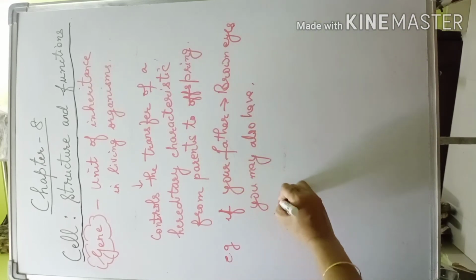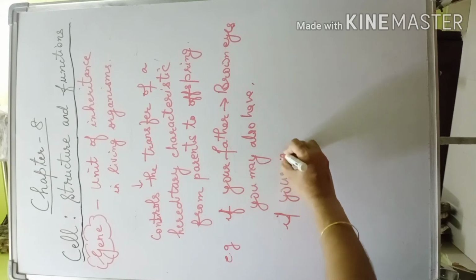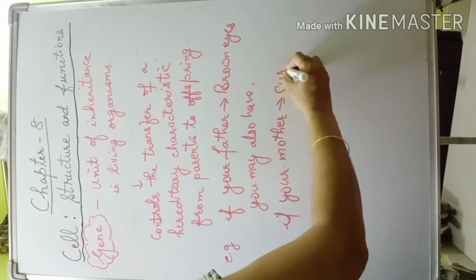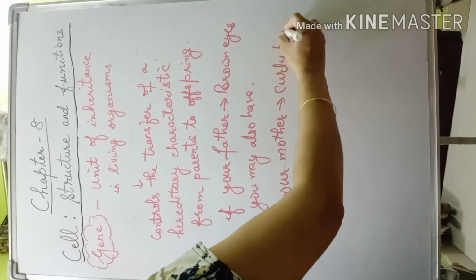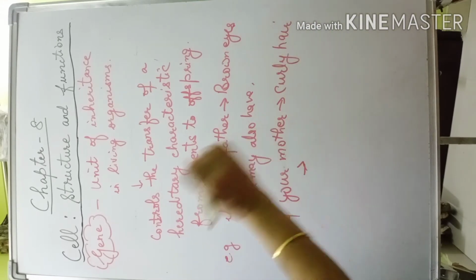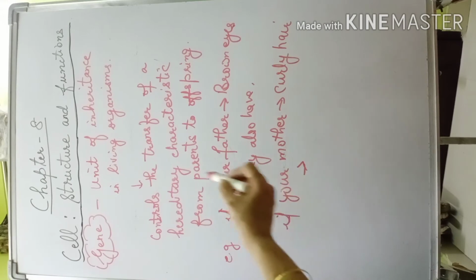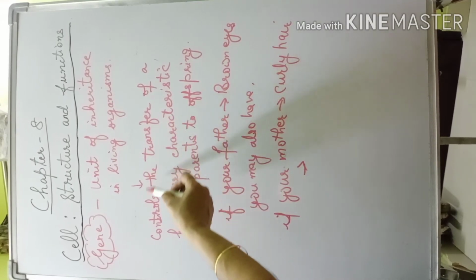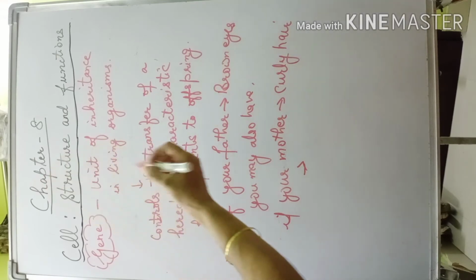And if your mother has curly hair, you may also have curly hair. It means the characteristics of the offspring depend upon the genes of the parents.